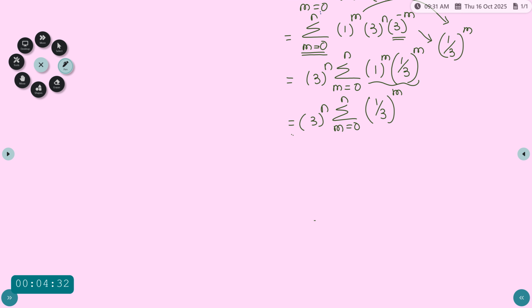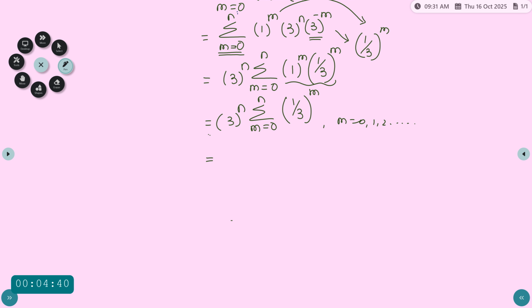So next I am going to substitute m equal to 0, 1, 2, etc. So what are we getting? First I am going to substitute 0. Anything power 0 is 1, so the first term is 1.